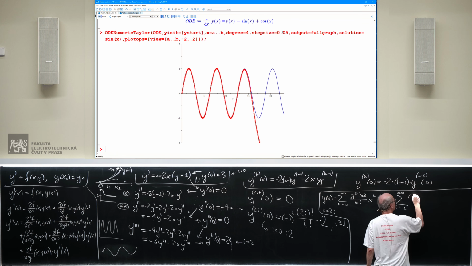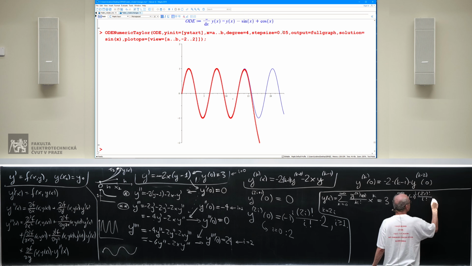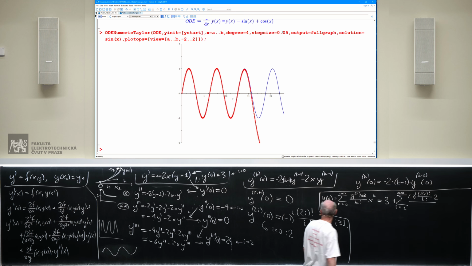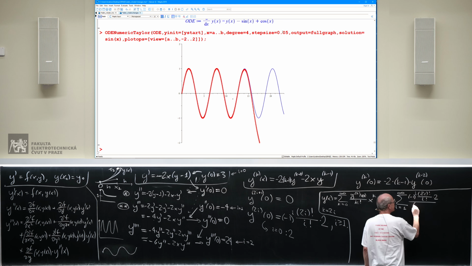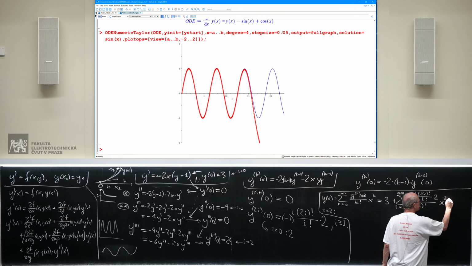So it's negative 1 to power i, 2i factorial divided by i factorial times 2. And then this has to be divided by k factorial, and k is equal to 2i. So we are dividing this by 2i factorial and x to k, which is 2i.